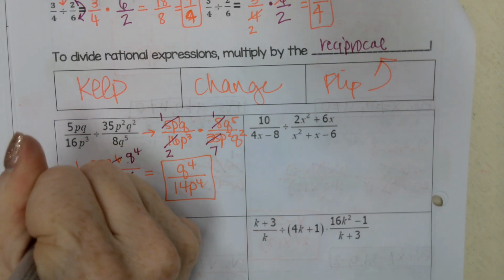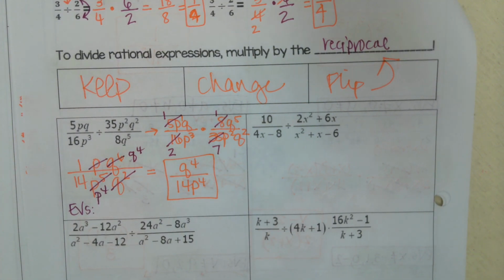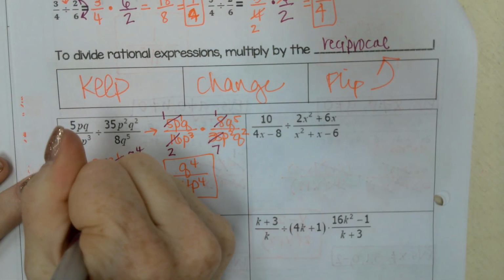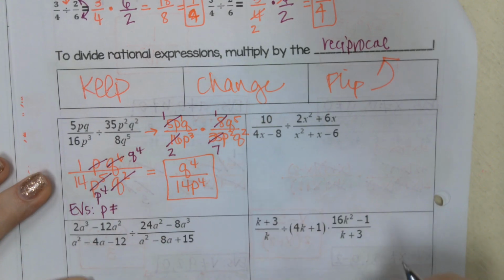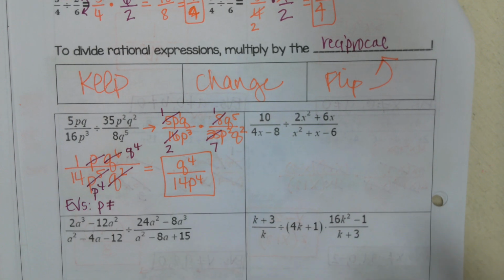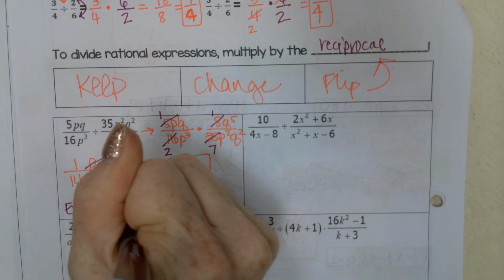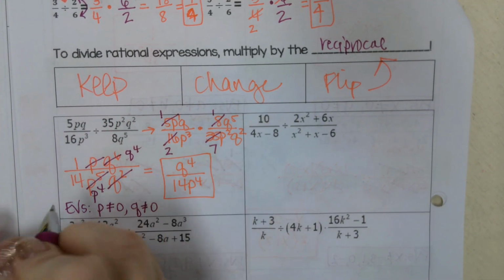Now, as far as my excluded values go here, notice I'm kind of waiting till the end because no matter what, I still have a p and q in the numerator and denominator, okay? So p nor q are allowed to equal 0.